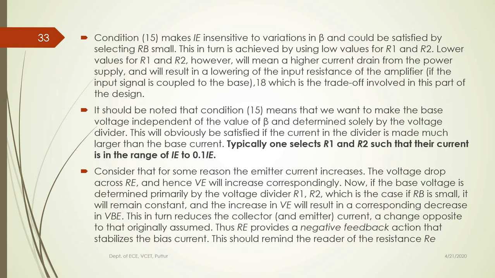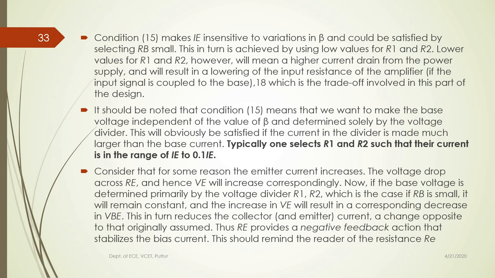Now, if the base voltage is determined primarily by the voltage divider R1 and R2, which is the case if RB is small, it will remain constant, and the increase in VE will result in a corresponding decrease in VBE. This in turn reduces the collector current, a change opposite to that originally assumed.